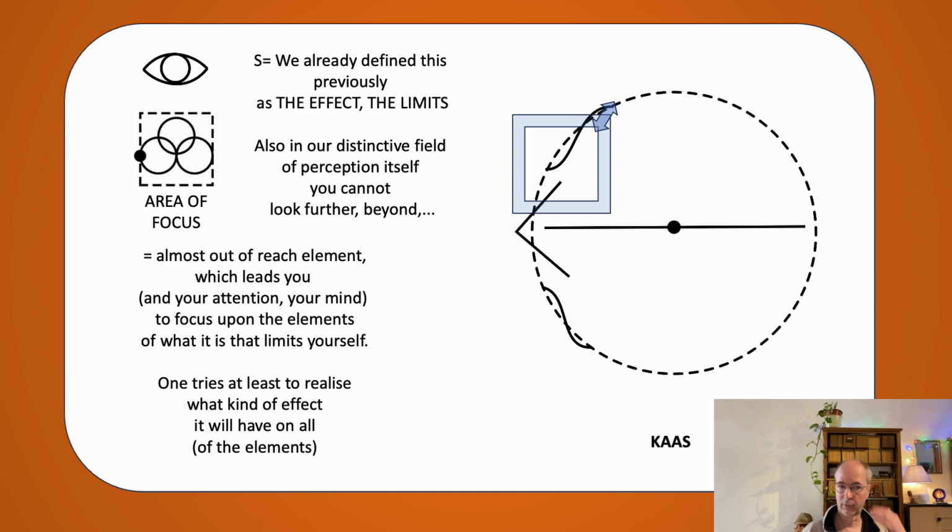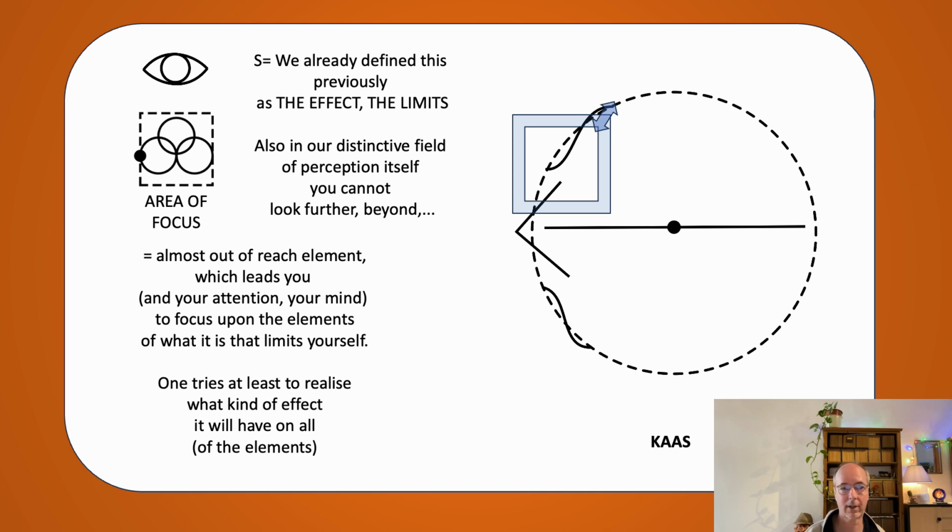So what will it do to our mind? Our perception will say, okay, we cannot look further or beyond it. Let's just see what effect this will give to us. This is the reason, because it lies all away from ourselves and it's hardly visible. This is the last element we can still grasp. Just let's see where it will get us.